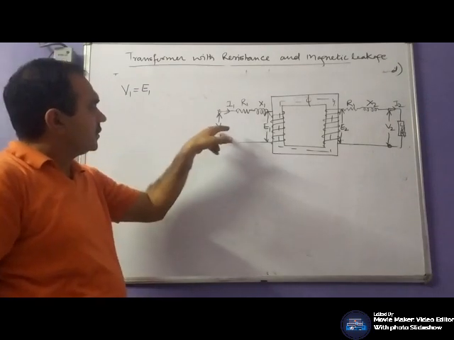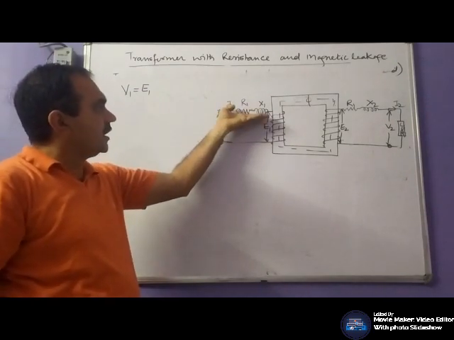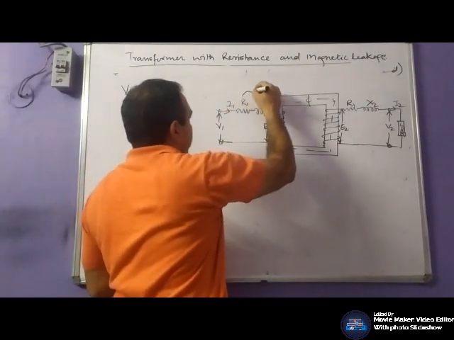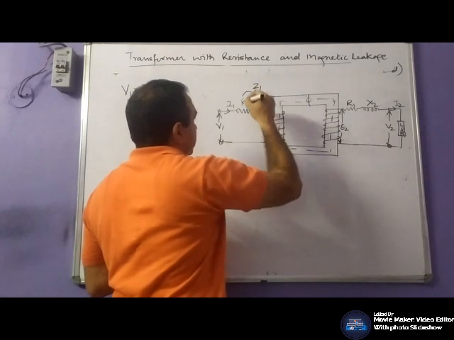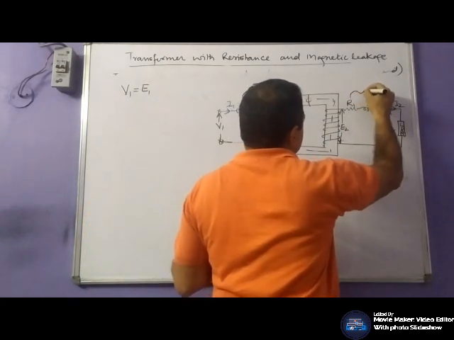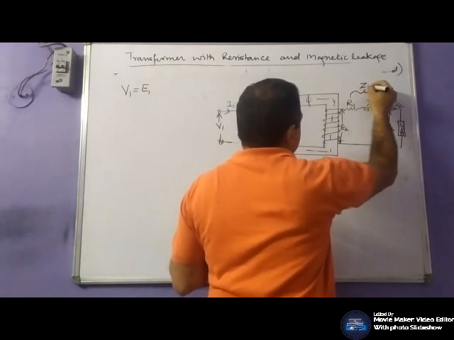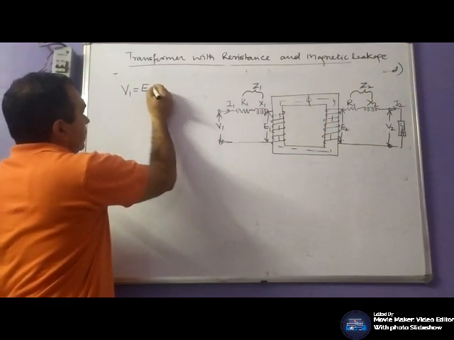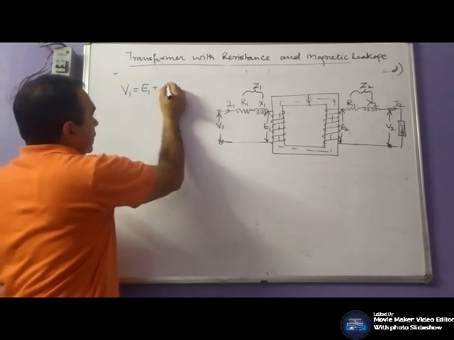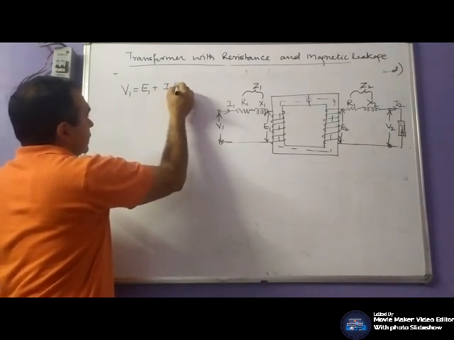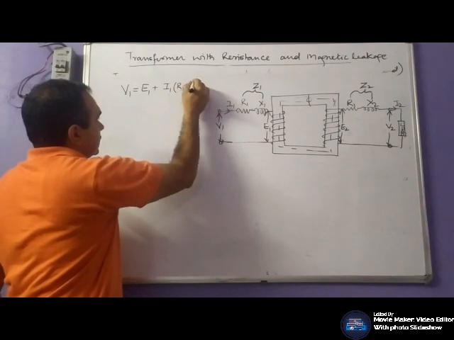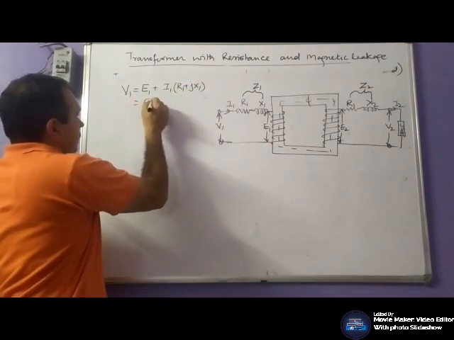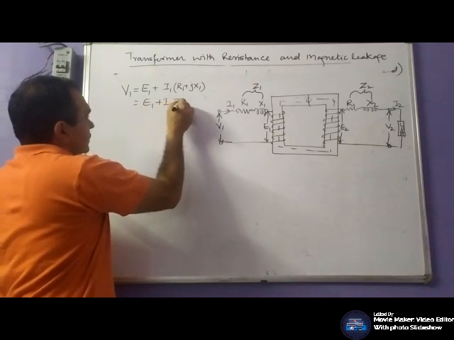V1 would be E1 plus the drop across this primary winding, R1 plus jX1, which is Z1. So V1 is equal to E1 plus I1 R1 plus jX1, or E1 plus I1 Z1.